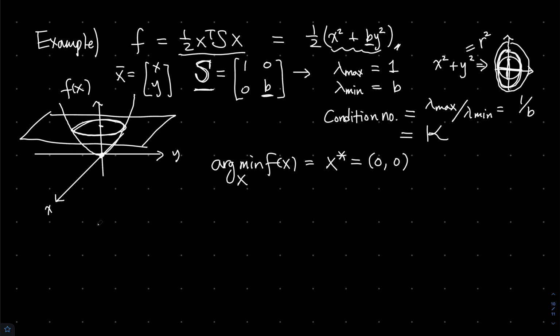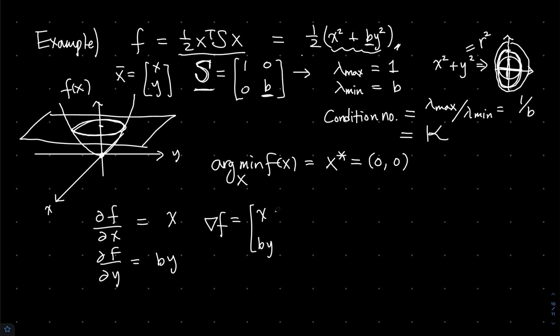So now let's compute the gradient for this function. What is its partial derivative with respect to x? The 2x times 1/2 is x, and the partial derivative with respect to y is by, right? So the gradient of f is (x, by).